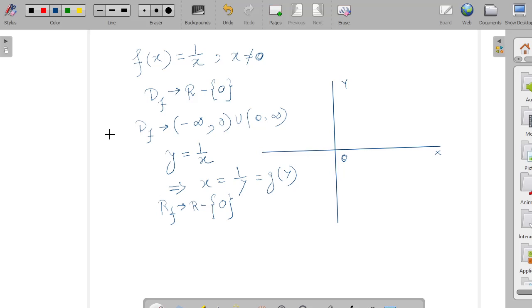Now we shall consider a few more points to draw the graph of this function. Let me rub this part. We have already concluded the domain and range of this function. Now we shall try to highlight some other points before sketching the graph.